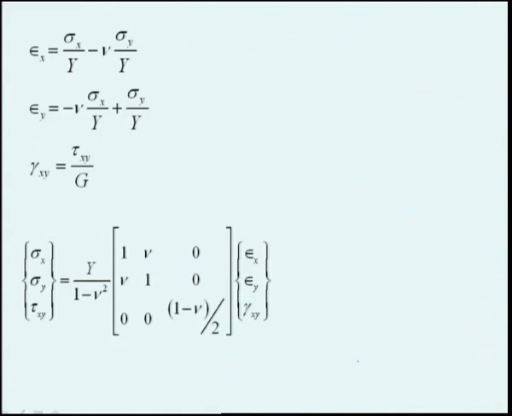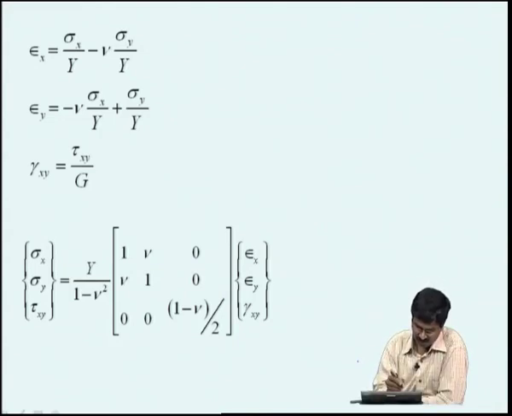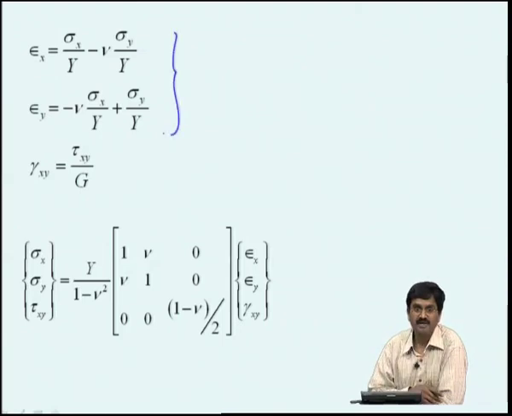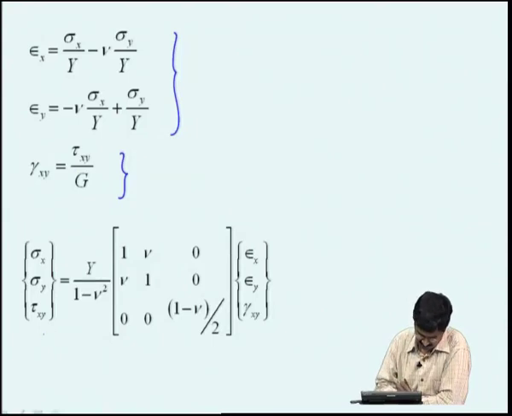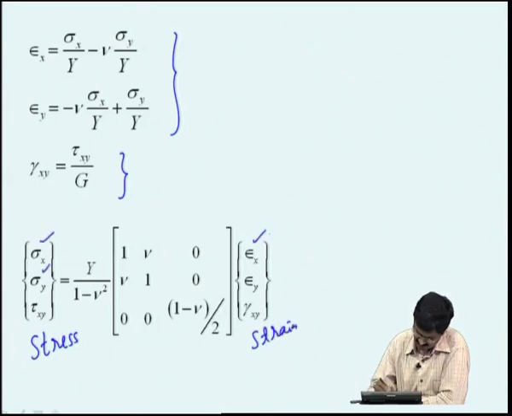And what relates this stress and strain is the Hooke's law. We had already seen this in the context of defining Poisson's ratio, and today we have defined this Hooke's law for shear. When we put these things together, we get a relationship where there is general state of stress in 2D, general state of strain, that is normal stress, normal stress, normal strain, normal strain, shear stress, shear strain.